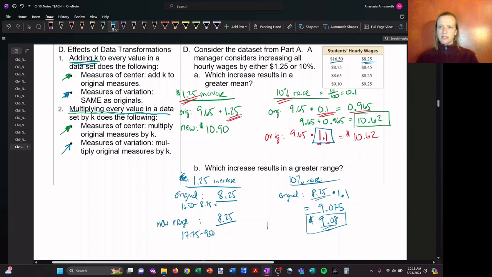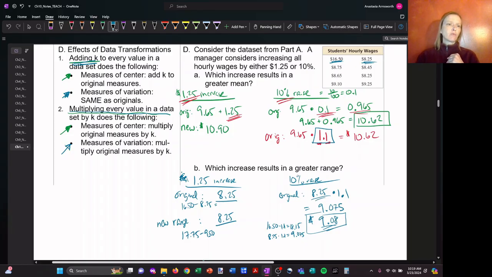So if you look at that, the 16.50 number times 1.1, that highest paid student now gets paid $18.15, whereas the lowest paid student, that $8.25 student, if we multiply that by 1.1, they now get paid $9.075. So the lowest paid student's wages went up by less than $1, and the highest paid student's wages went up by more than $1. And that's what causes the range to increase in size.